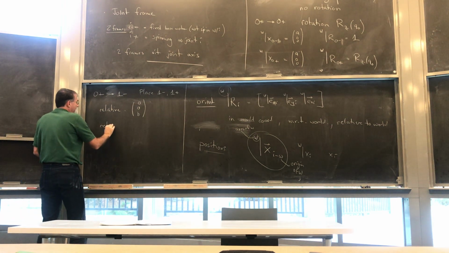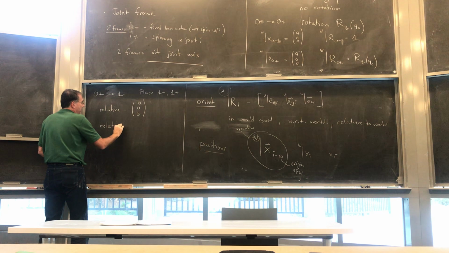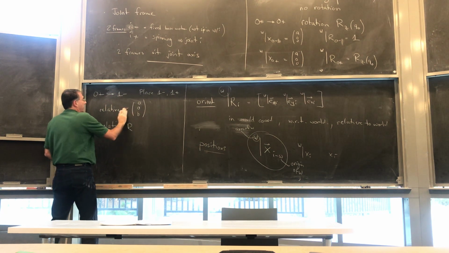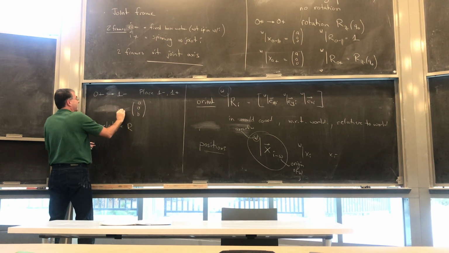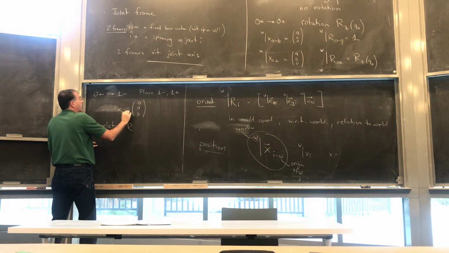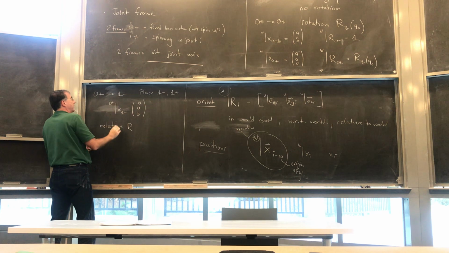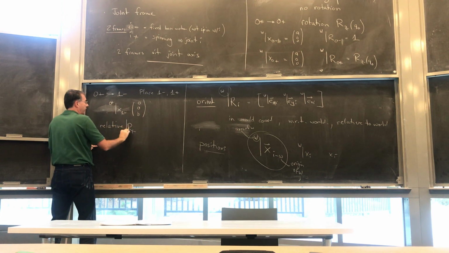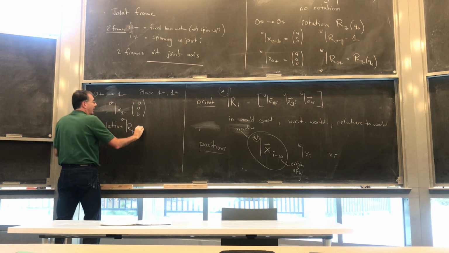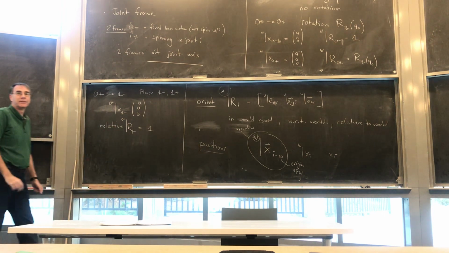Do you agree that the relative rotation, so let me actually be clear, x is x1 minus relative to O plus, and r is 1 minus relative to O plus. That rotation was unity.